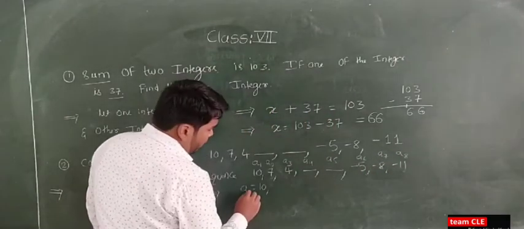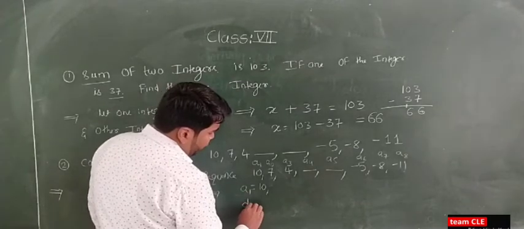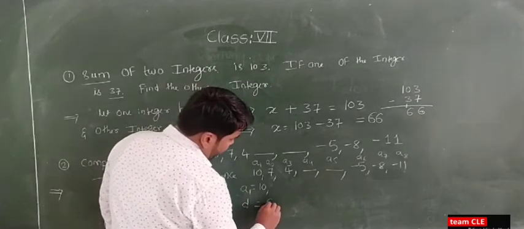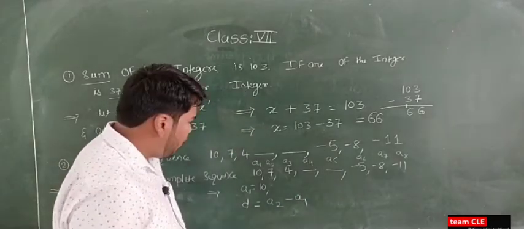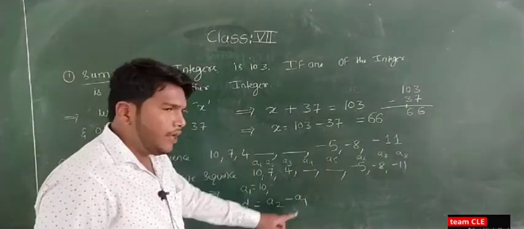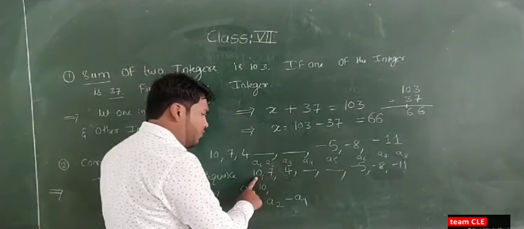So a1 is equal to 10, so the difference d is equal to a2 minus a1. Okay, so I write d is equal to a2 minus a1, that is, second term minus first term.